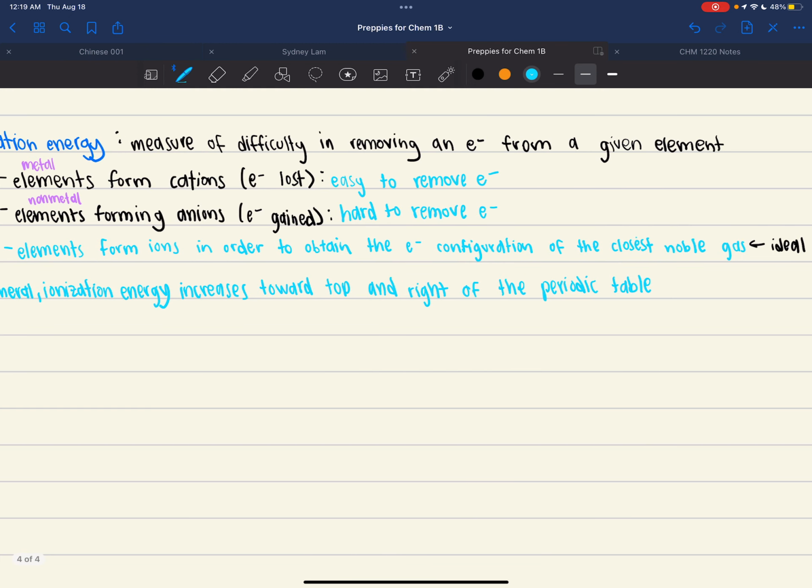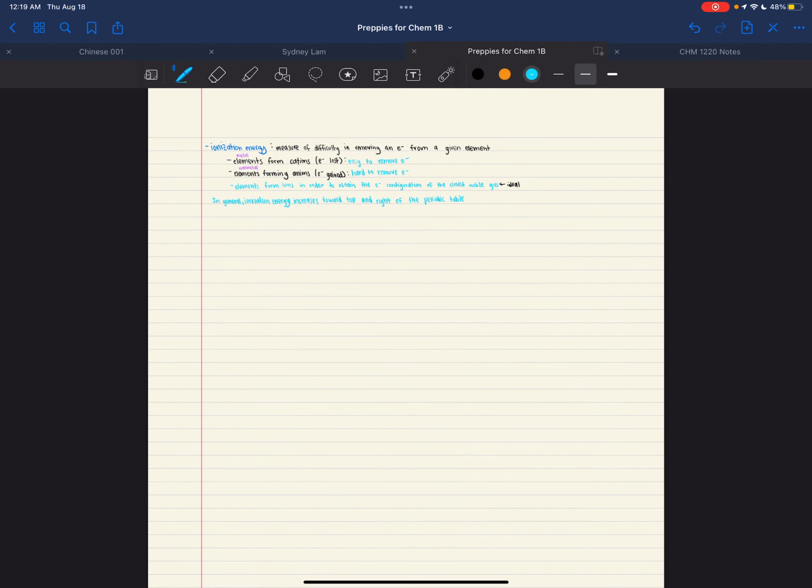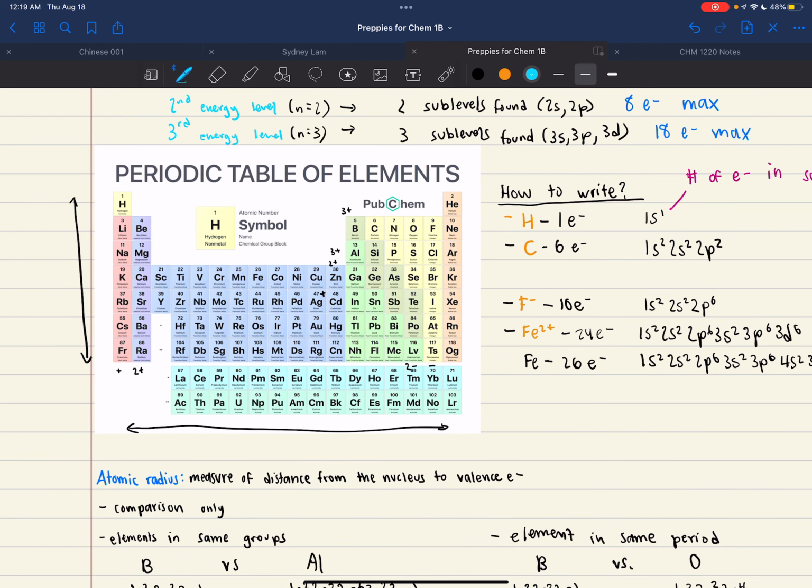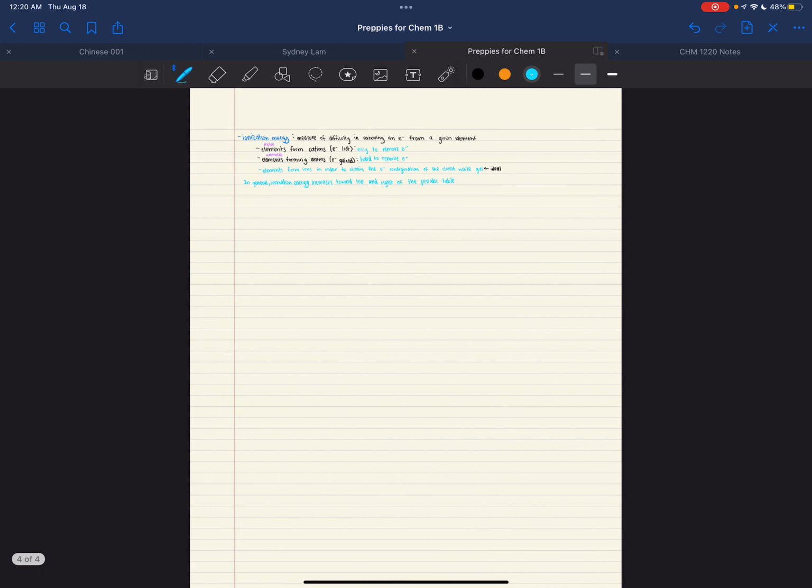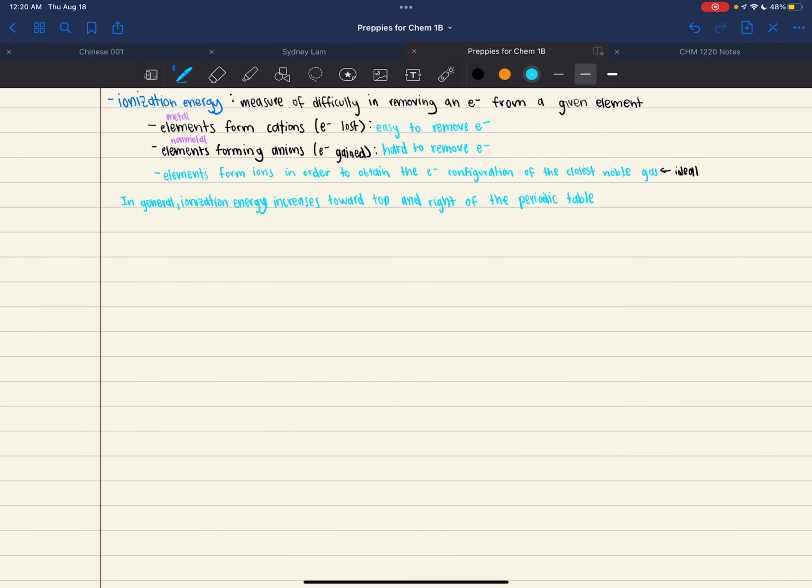I'm not sure why it increases when it goes up. I would assume that it is because it has fewer and fewer electrons, so it quote unquote treasures the electrons with more value. That's what I would assume, but don't quote me on that. But yeah, that's the general rule for ionization energy.